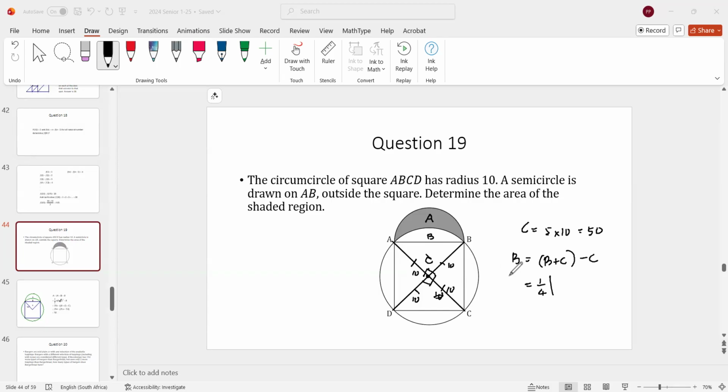The radius is 10, so it's pi r squared. 10 squared is 100, so pi times 10 squared is 100 pi. A quarter of that is 25 pi, and that is your B plus C. Then you subtract from that the area of the triangle.